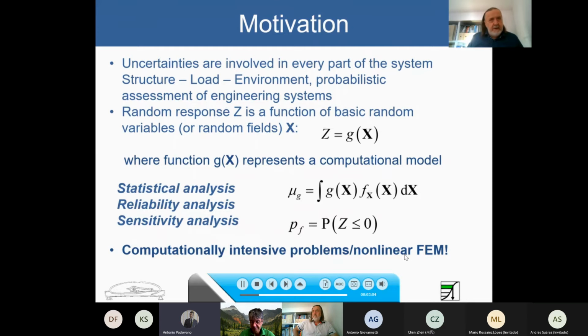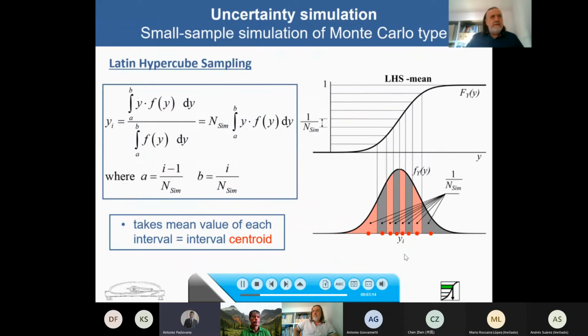Once again, I have to emphasize that very often we deal with computationally intensive problems like nonlinear finite element analysis, for example. So this is the reason that some small sample simulation of Monte Carlo type technique is necessary.